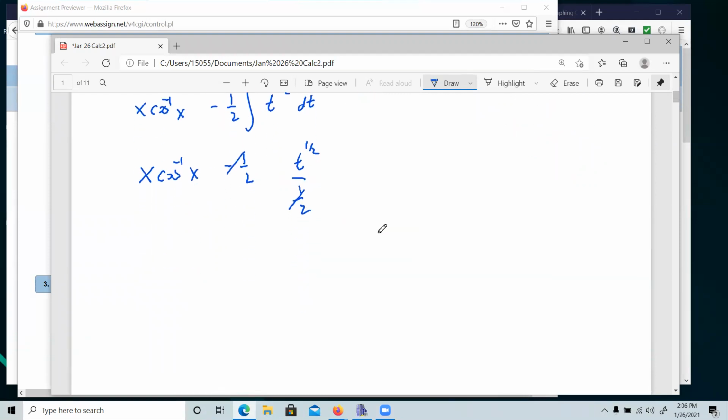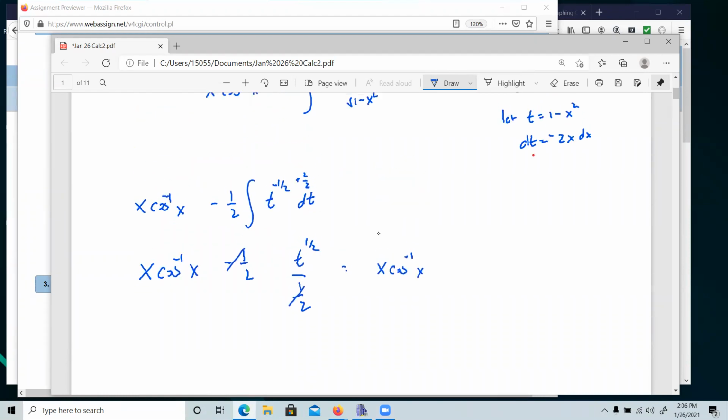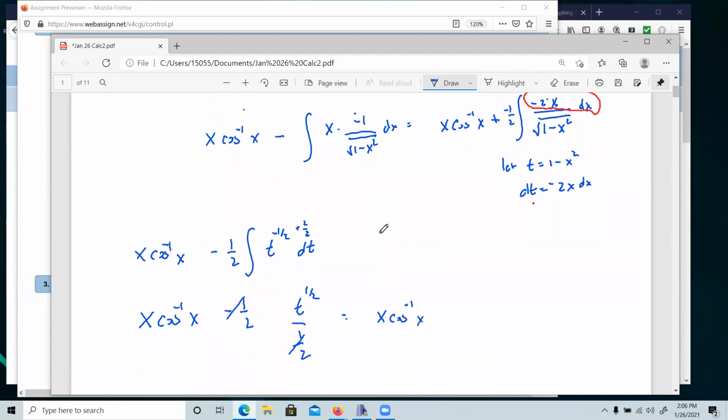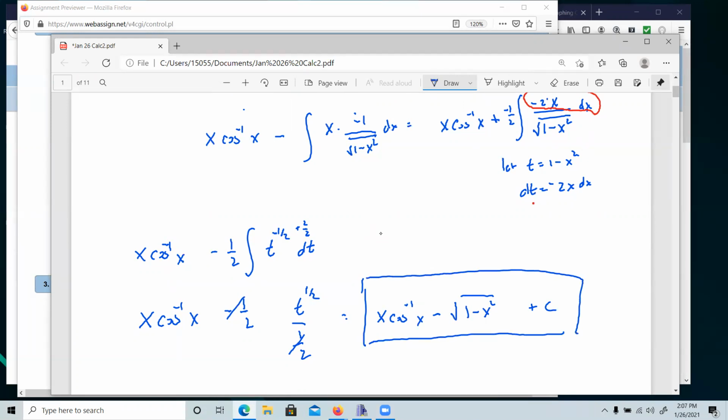Absolutely they do. So this is equal to x cosine inverse x, and then what was t? t was 1 minus x squared, so we just have minus the square root of 1 minus x squared, plus C. That is our integral of inverse cosine.